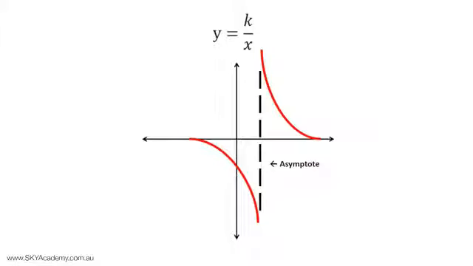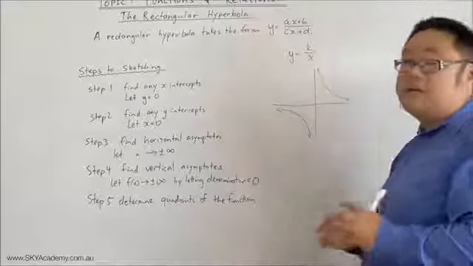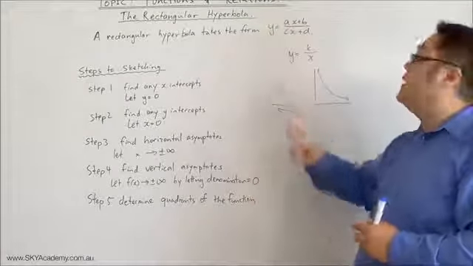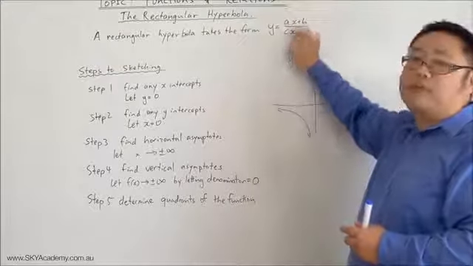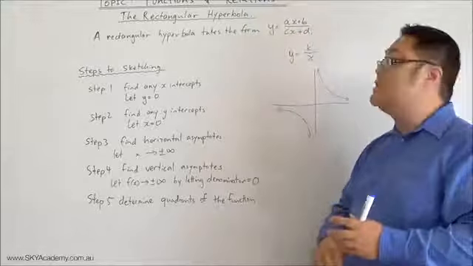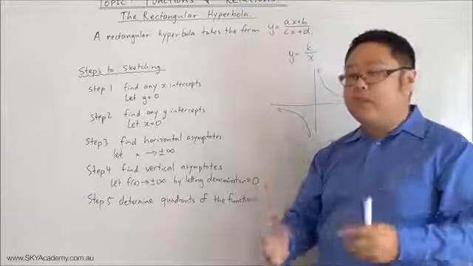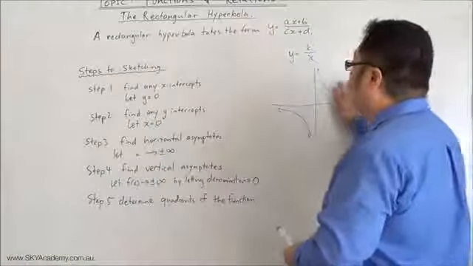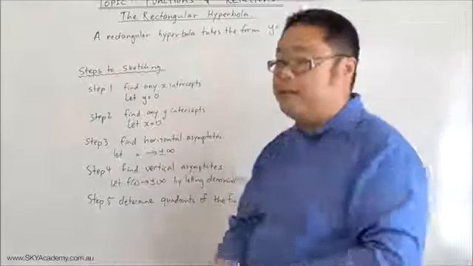While y equals k over x is the form you might recognize, sometimes you might see it in a more complex form, y equals ax plus b over cx plus d, one binomial or monomial expression over another. Let's have a look at how you would go about sketching a rectangular hyperbola.